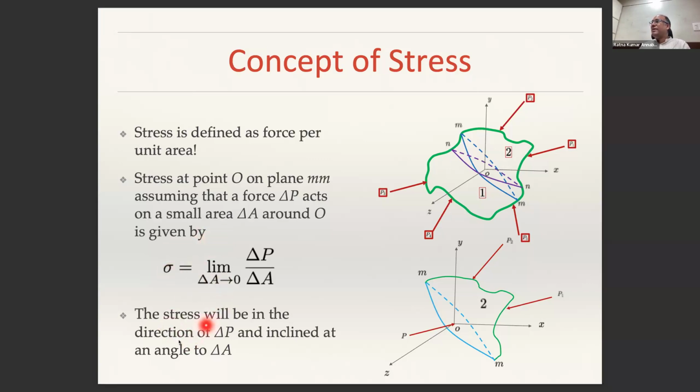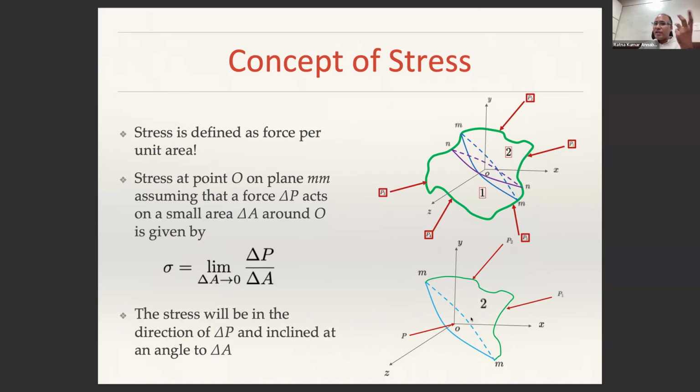And here the stress will be in the direction of delta P, and usually it is inclined at an angle to delta A. When I say delta A, I am talking about an area. And area is not a scalar, it is a vector, meaning the normal to that infinitesimal surface is what we are looking at.